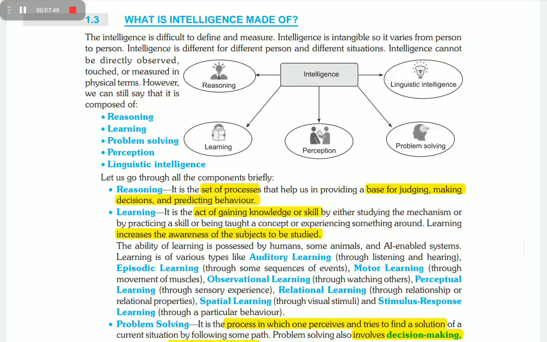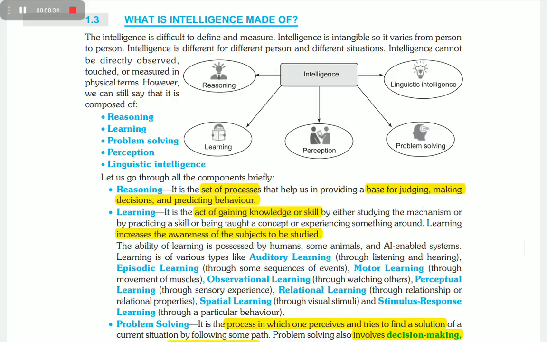If we gain knowledge from our surroundings, like Mom speaking, or you watching this video, you are learning something every time, either by studying the mechanism, by studying the books or how AI works, or by practicing a skill like playing football or basketball, or being taught a concept like I'm teaching you, or by observing relationships or experiencing how nature works, etc.